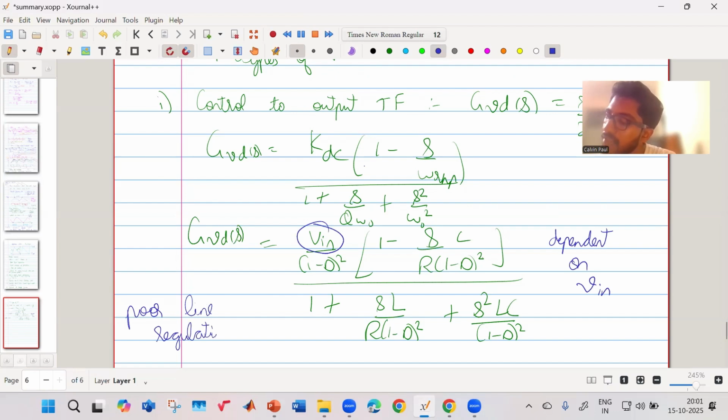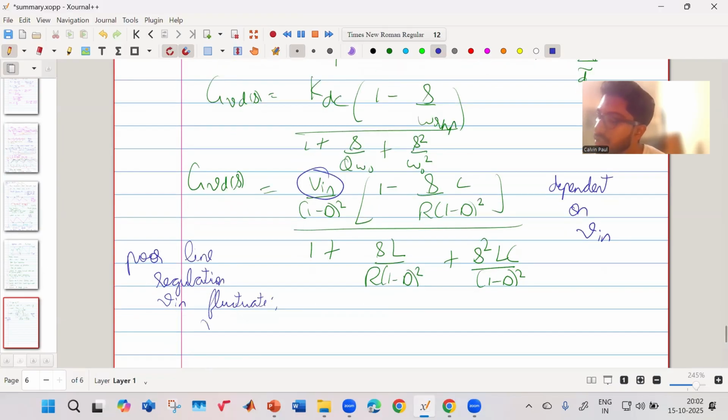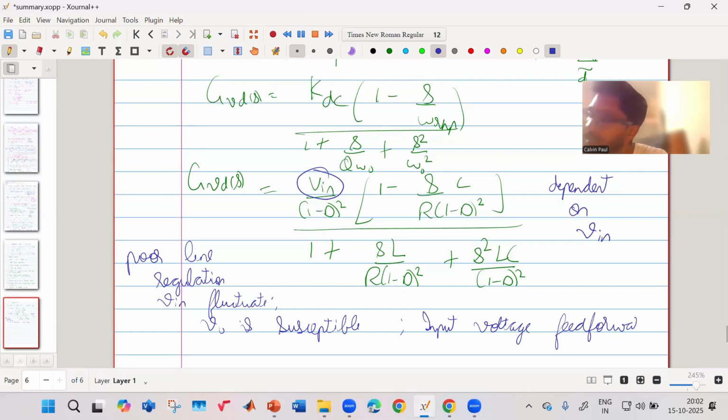Poor line regulation means when your input will fluctuate or change, your output under this voltage mode control is susceptible to it. It is affected by it. So to overcome this, input voltage feed forward can be considered.